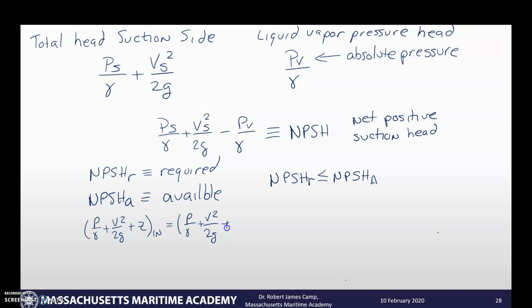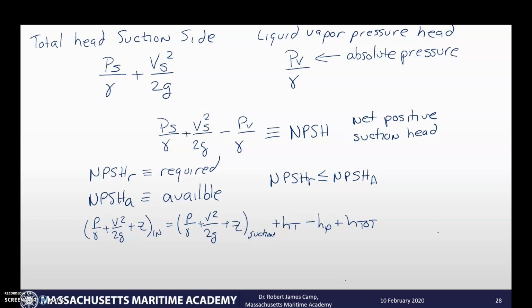Now this is where we're going to get into drawing a second control volume for our system. Because what I'm going to end up doing is drawing a control volume that ends right at the inlet to my pump, instead of being on the outlet. That's going to give me the suction side of the pump. And so then I can go calculate what's going on into the suction side of the pump.